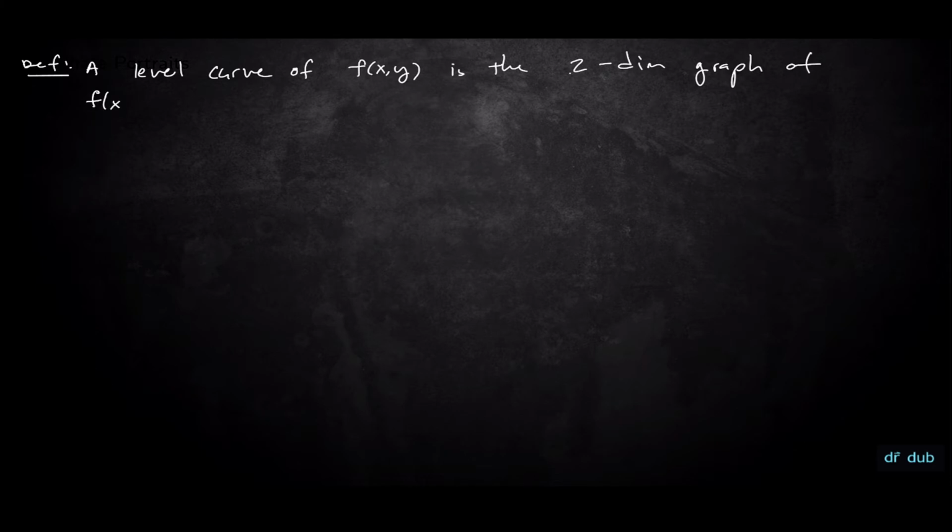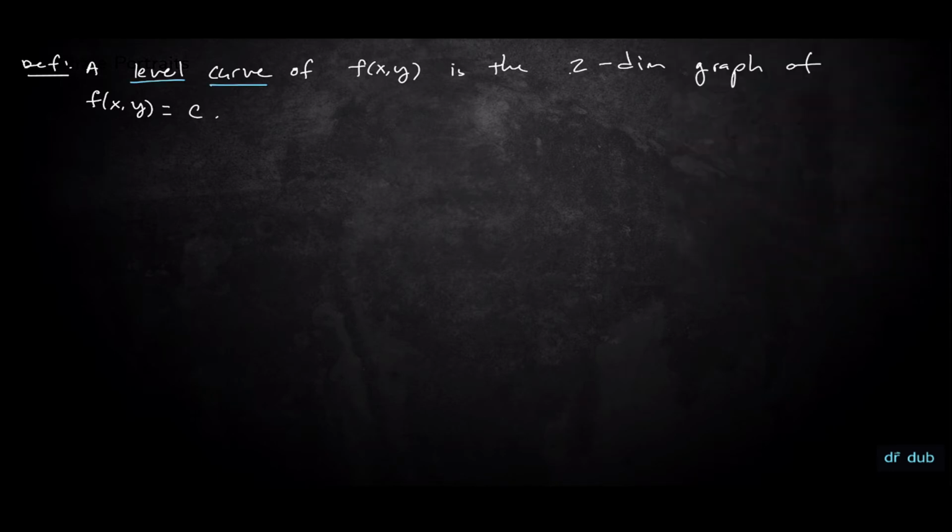A level curve of f of x, y is the two-dimensional graph of f of x, y equals a constant.